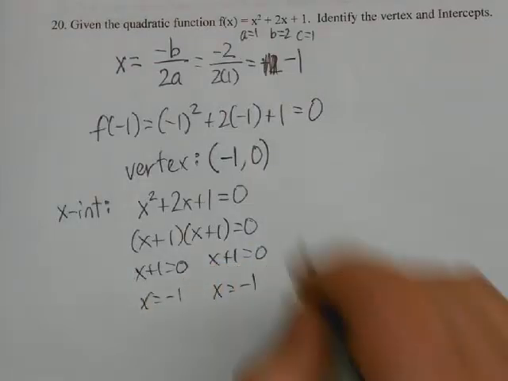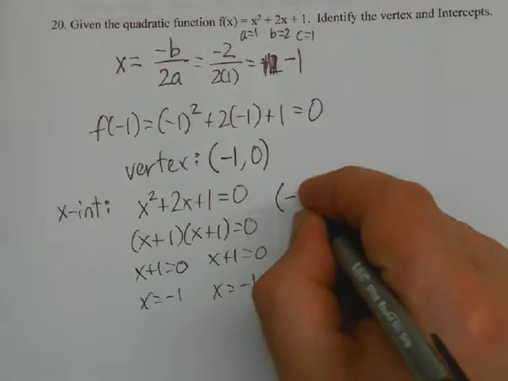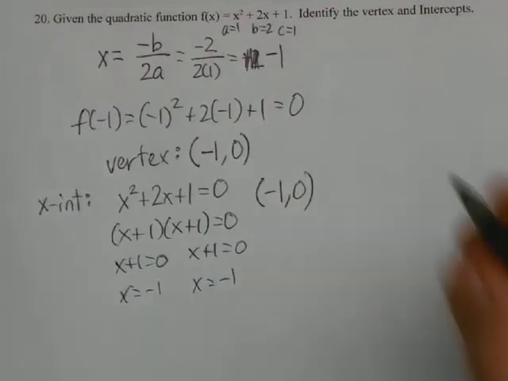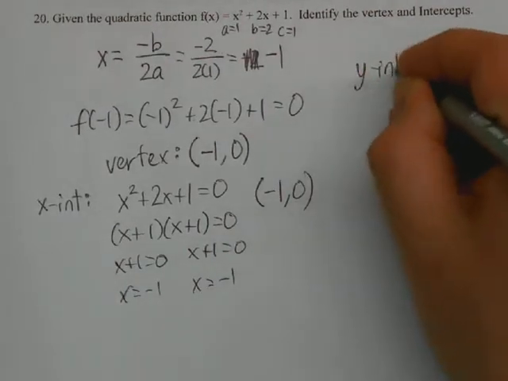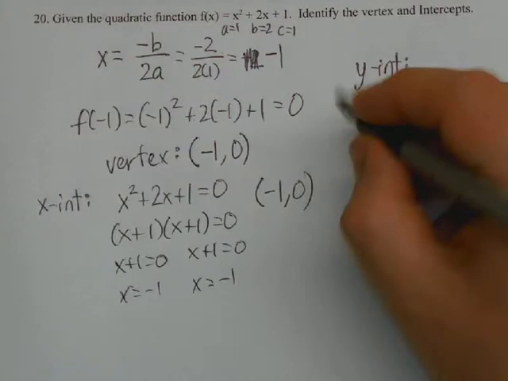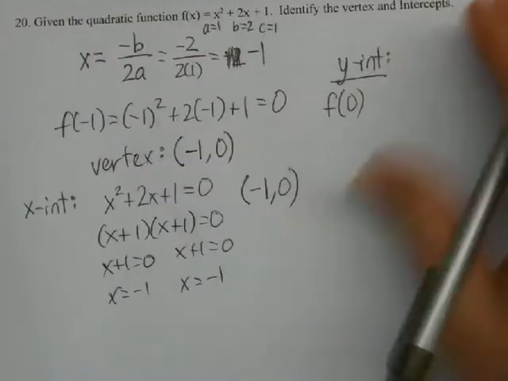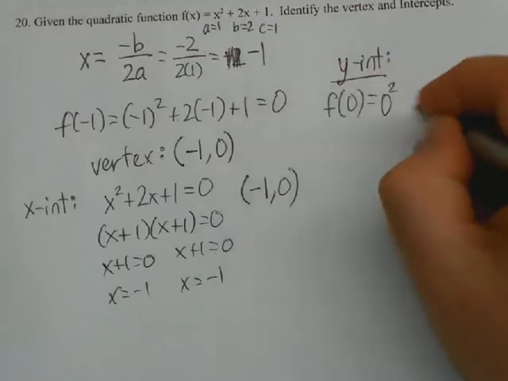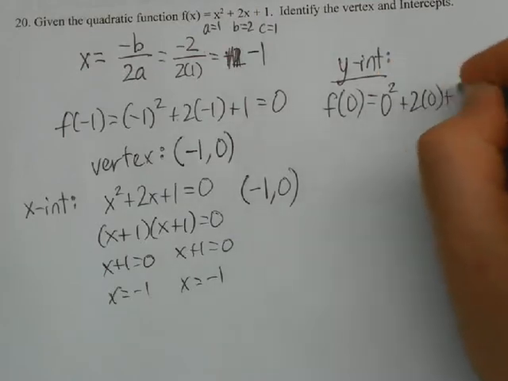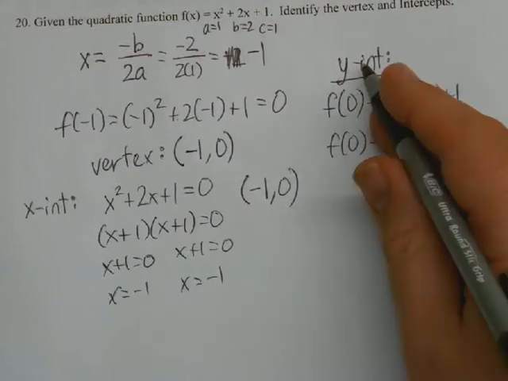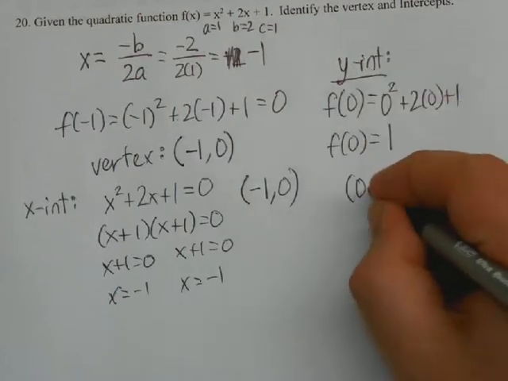So the x-intercept occurs at negative 1, 0. Then for the y-intercept, we plug in 0 in for x. So we find f of 0. So 0 squared plus 2 times 0 plus 1. F of 0 is equal to 1. So the y-intercept is at 0, 1.